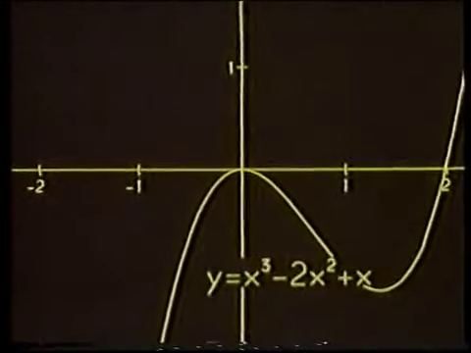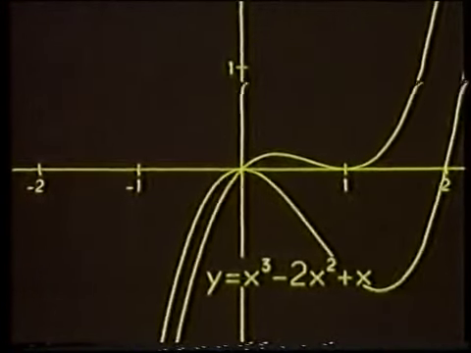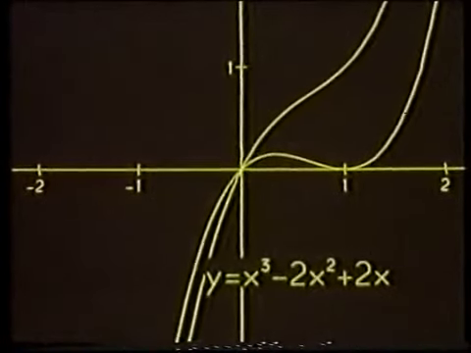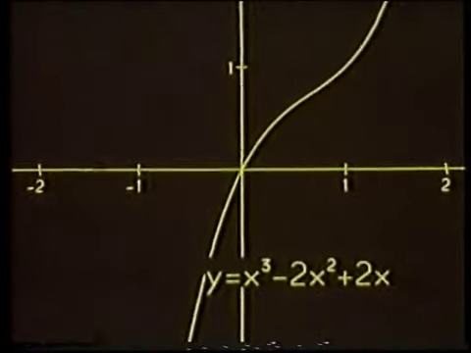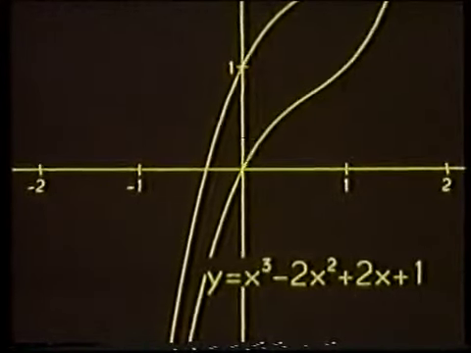Let's move on to x terms. We can flatten the peak and trough out. Finally, the constant on the end moves the graph vertically.